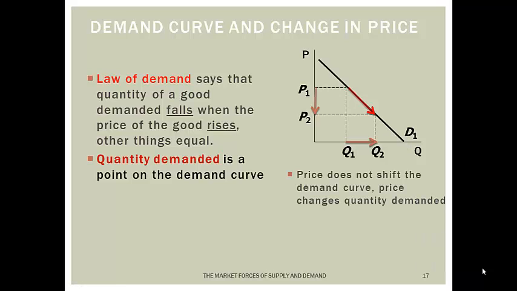Why is this important to separate the definition of quantity demanded and demand? It's important because we say that the price does not shift this whole demand curve. Price only changes quantity demanded. So whenever we talk about change in price, say the price of tomatoes dropped, in economics, we say that quantity demanded of tomatoes increased because price decreased.